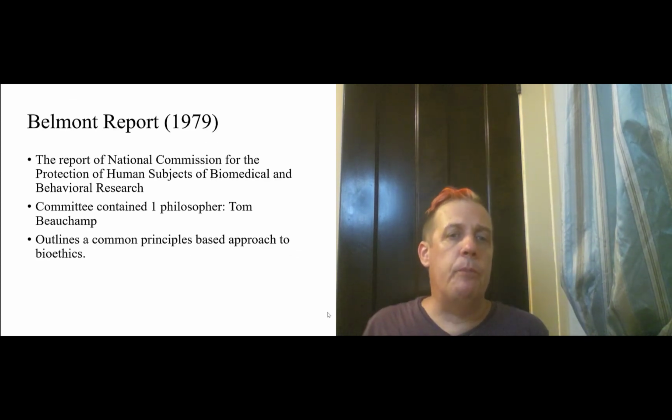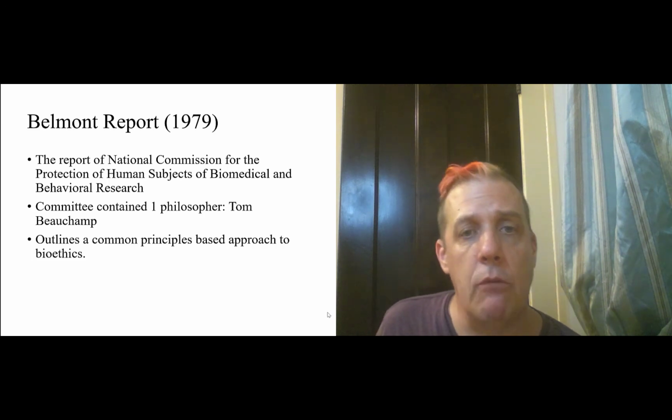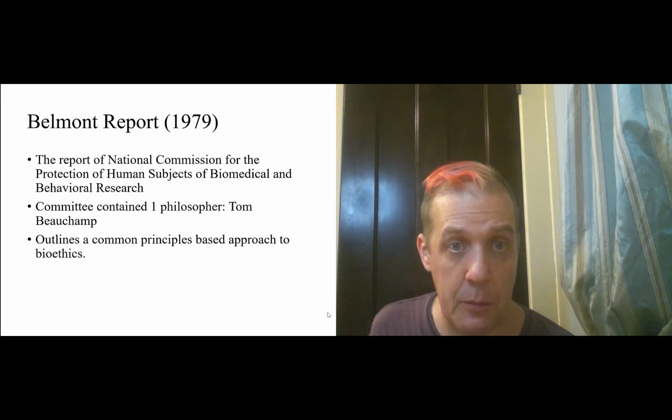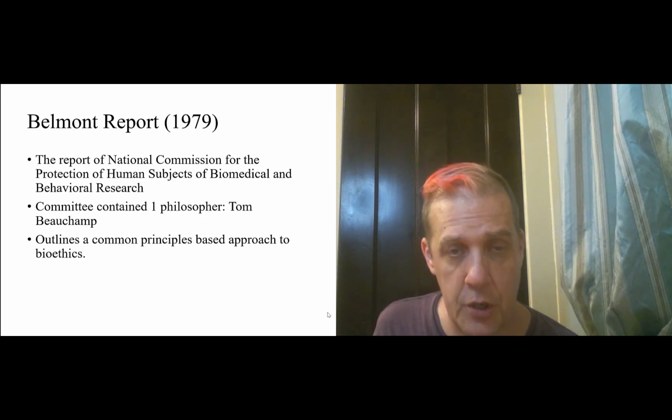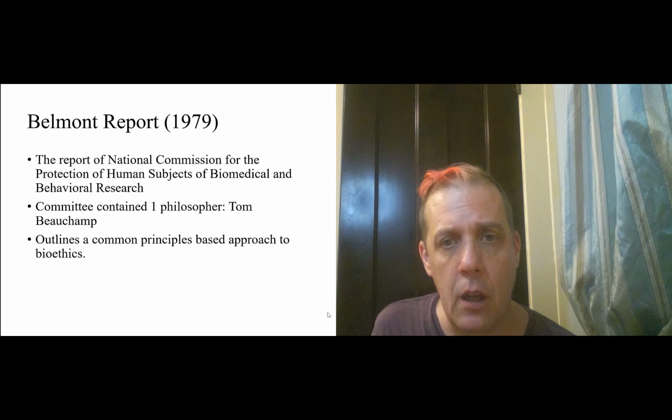All right, so what you read for the end of this week was something called the Belmont Report. It is technically the report of the National Commission for the Protection of Human Subjects in Biomedical and Behavioral Research. The committee contained one philosopher, Tom Beecham, but he wound up writing all of the important ethical principles in it.